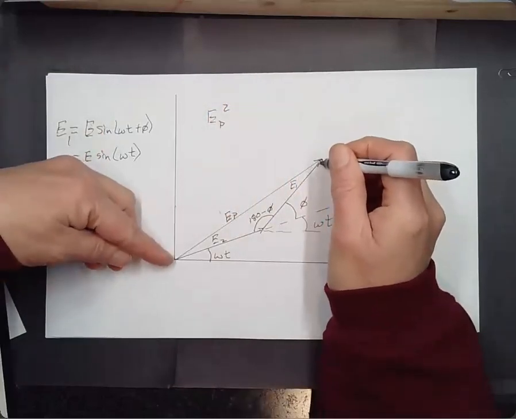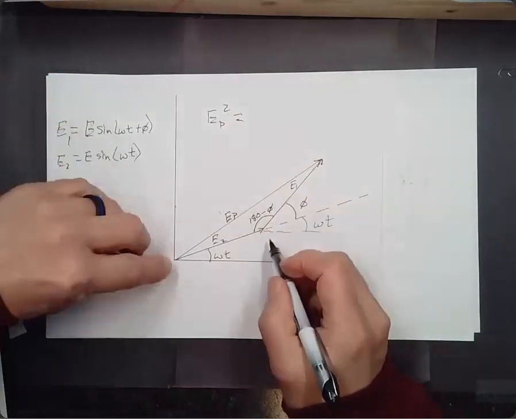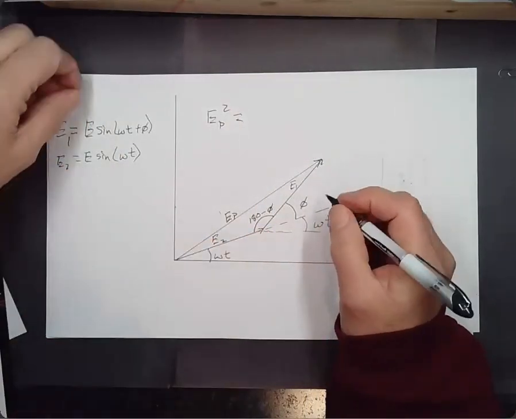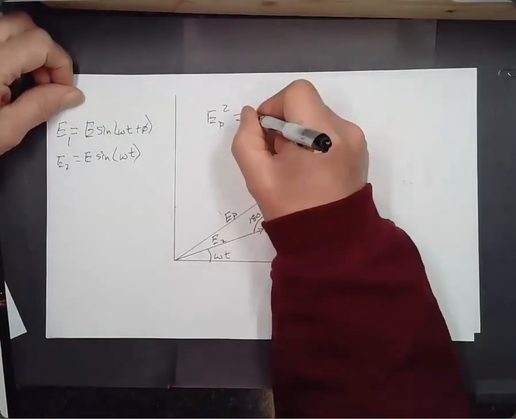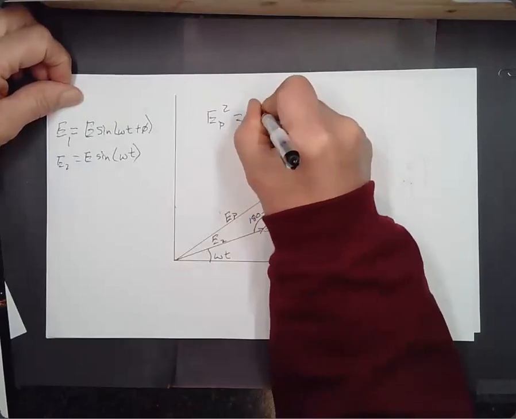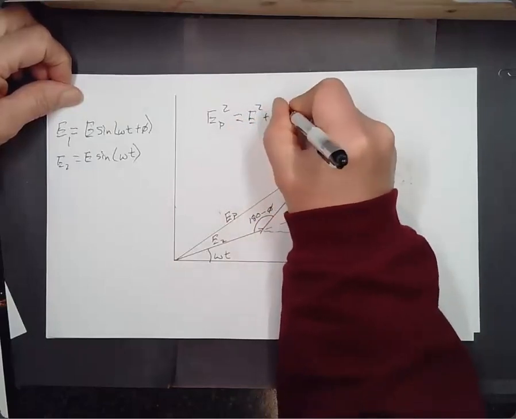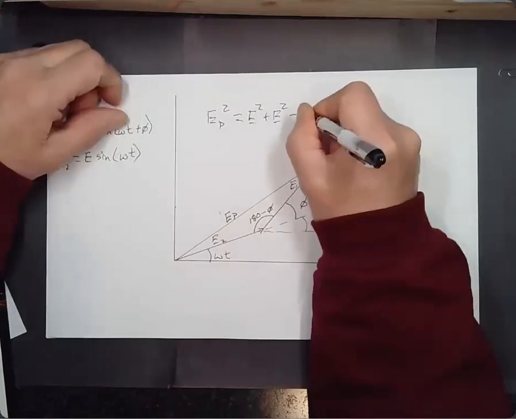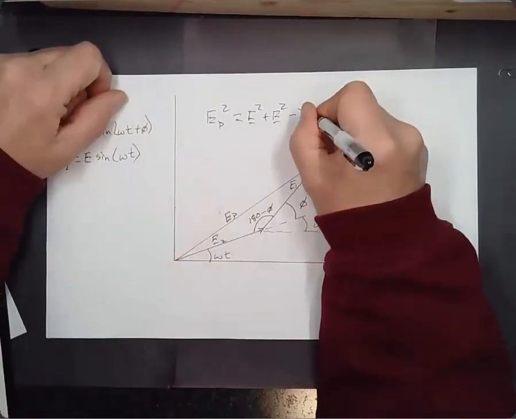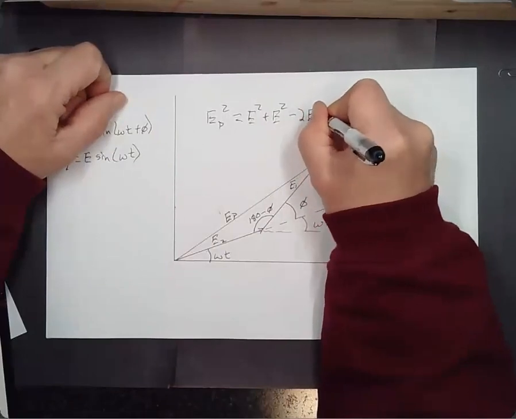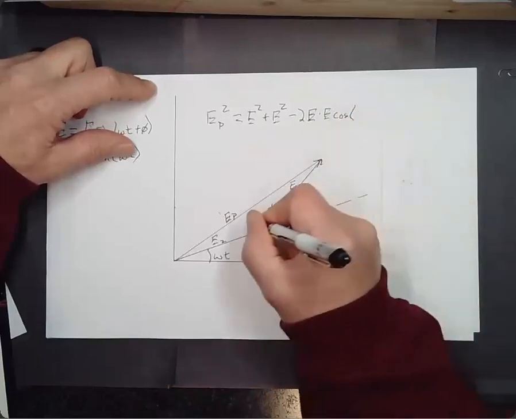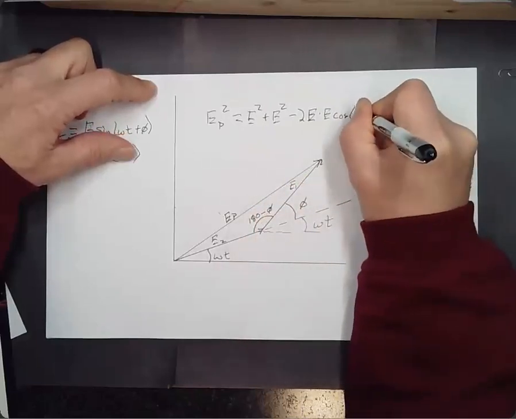And so the law of cosines is this. This opposite side here is going to equal this one squared plus this one squared, but it turns out those are both just E's, the lengths of these. So it'll be E squared plus E squared minus 2 times the length of this times the length of that, which is E times E again, times the cosine of 180 minus phi.